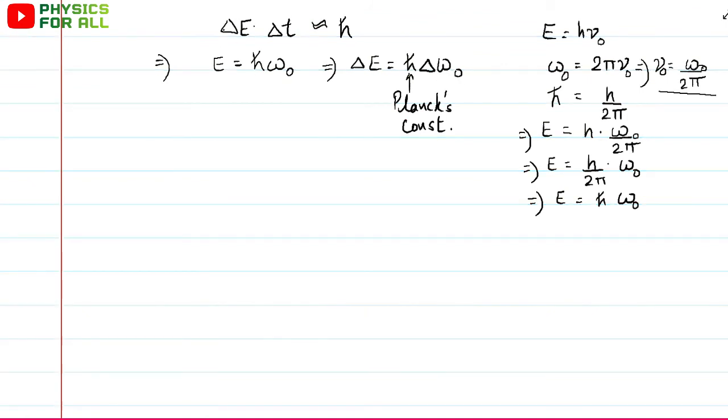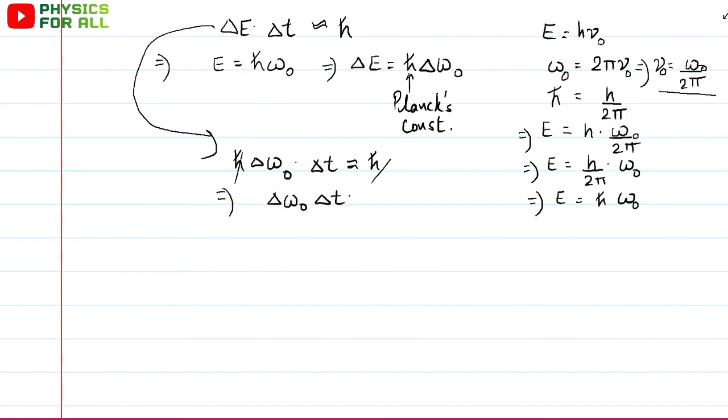Now, as the formula states, if I substitute for delta E, it becomes h cut delta omega naught into delta T is approximately equal to h cut. H cut gets cancelled and we are left with delta omega naught delta T equal to 1.